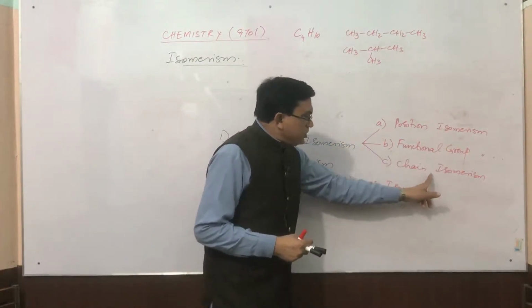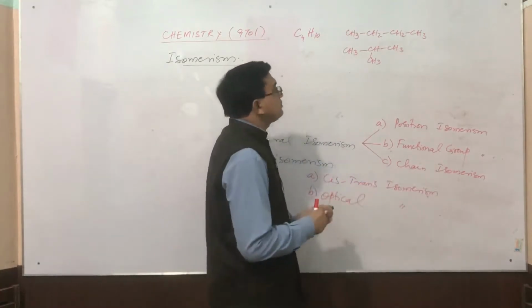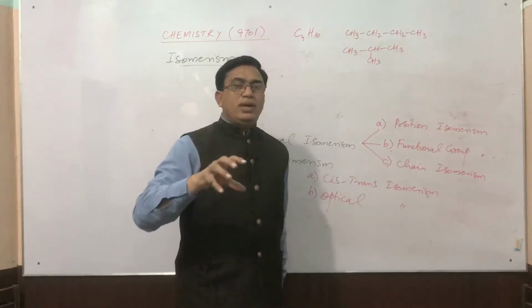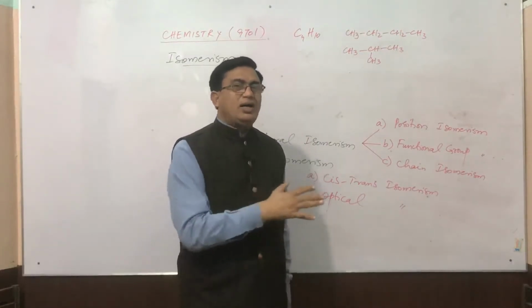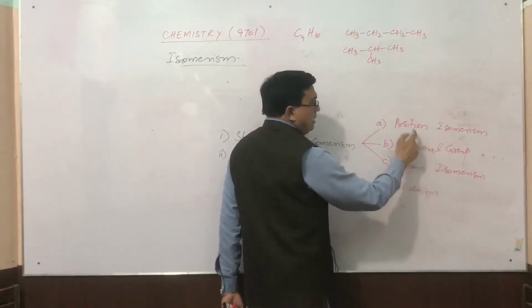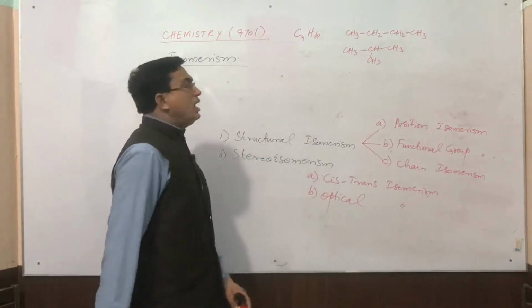This is an example of chain isomerism, because the number of carbon atoms in the stem is changed. That's why it is chain isomerism, not position isomerism.